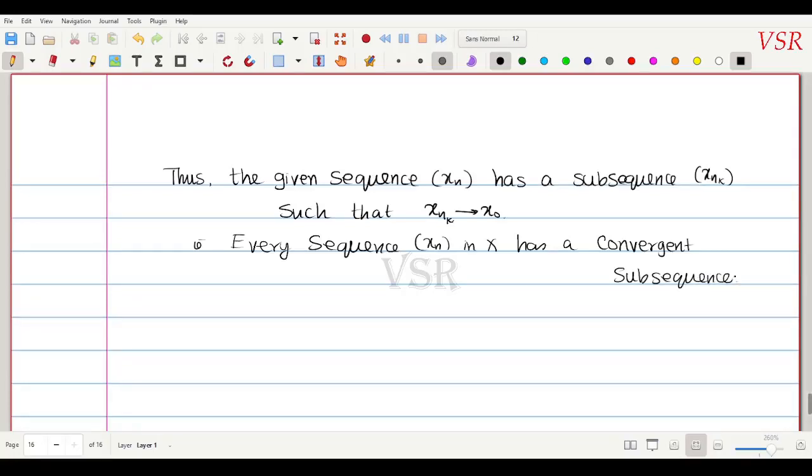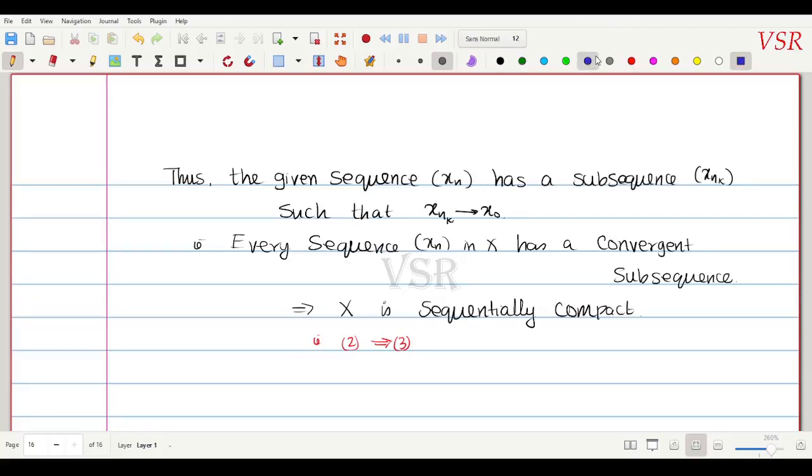This implies that capital X is sequentially compact. So thus we have shown that 2 implies 3.